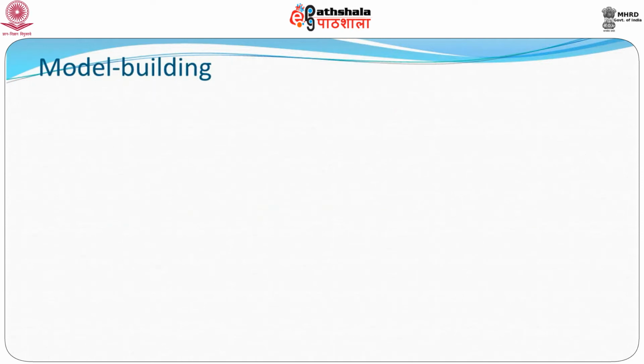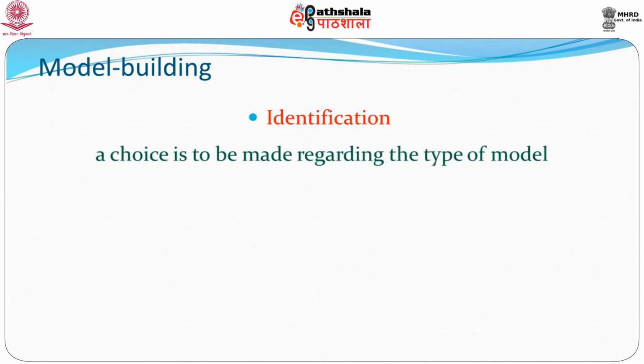Now, how do you build either the ARIMA or the SARIMA model or the ARMA model in general? There are three distinct steps involved. The first of them is the problem of identification. That is, a choice is to be made regarding the type of model that we are going to look at.